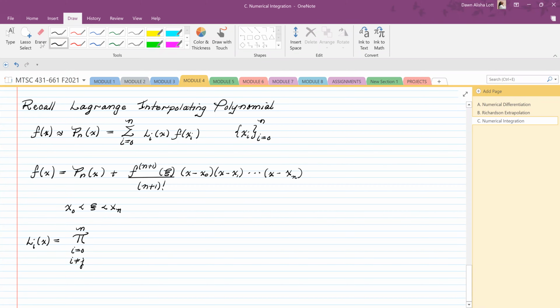And actually, let me go back and make this j equals 0 to n, because the sum is on i, the product is on j, and j does not equal i. And this was x minus xj all over xi minus xj. Okay. So this was the ith Lagrange interpolating coefficient.